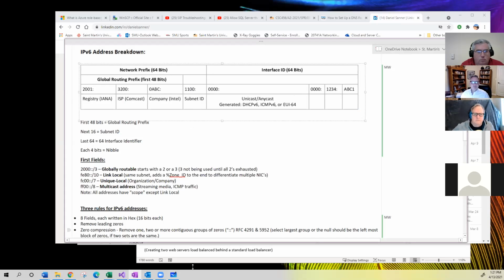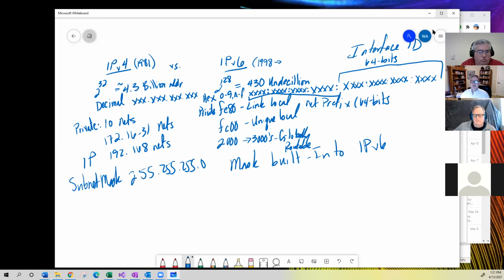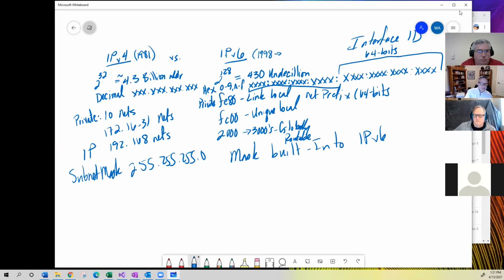With IP version 4, remember our subnet mask could be 0, 128, 192, 224, 240, 248, 252, 254, 255.